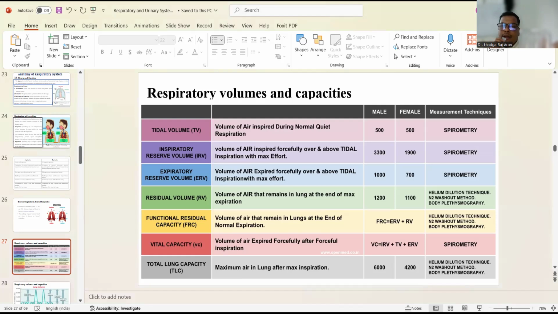For example, if I forcefully inhale the gas, like this, so this is the IRV. That means the volume of air inspired forcefully is known as the IRV, and that is variable in male as well as female. In male it is around 3300, and in female it is around 1900. So this IRV, tidal volume, and ERV, we calculate through the spirometry.